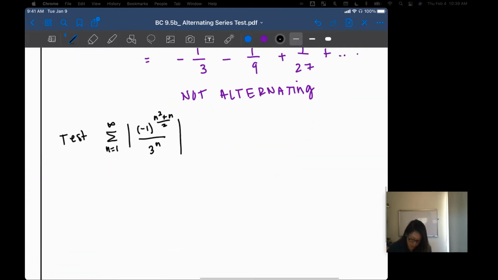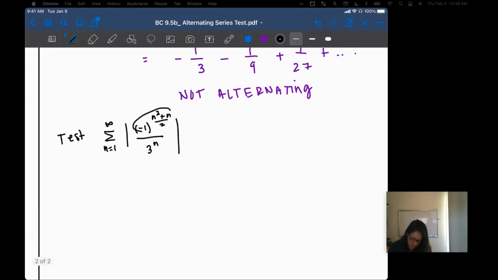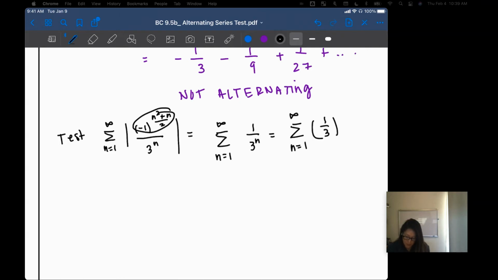So the absolute value of this means that the numerator here will always be positive. So I can just write this as the sum from n equals 1 to infinity of 1 over 3 to the n. Oh, it's so nice. That is 1/3 to the n power.